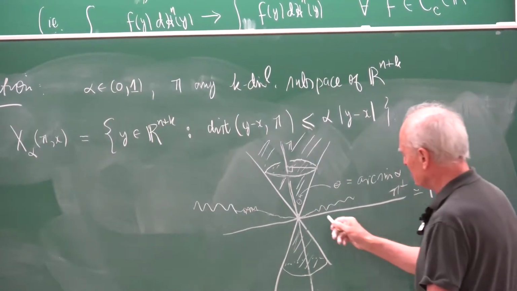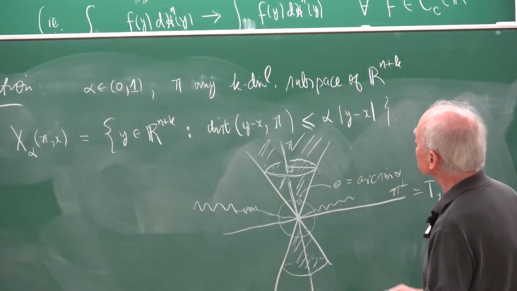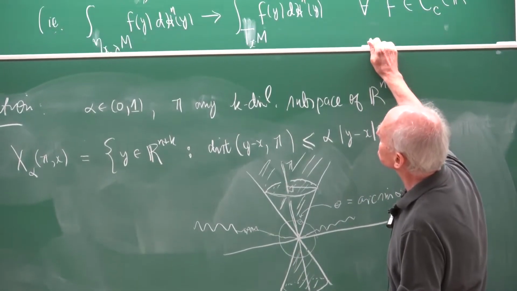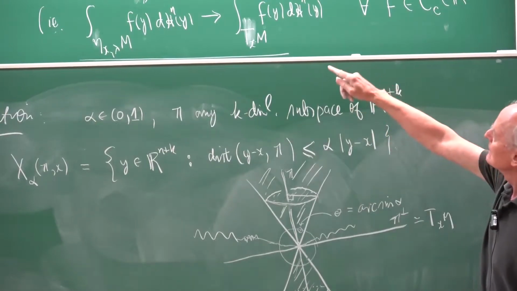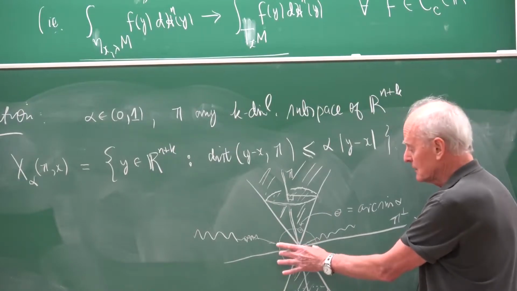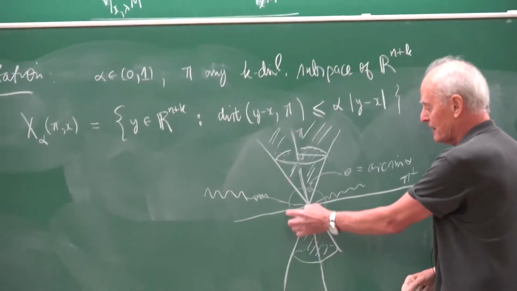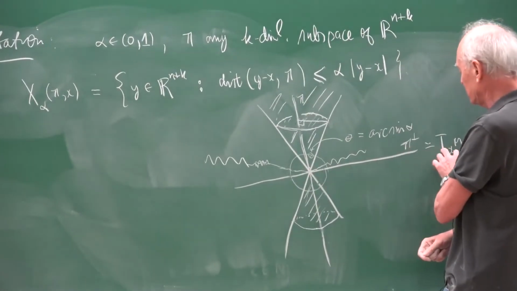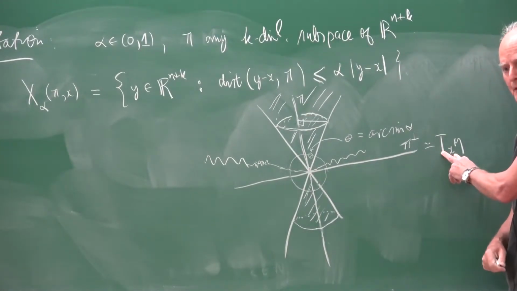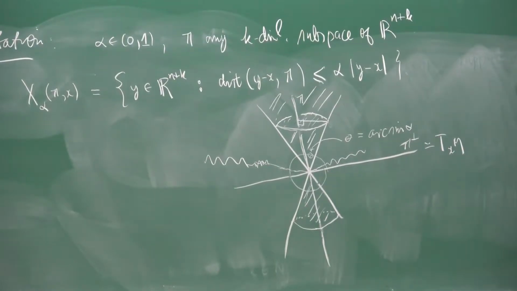And if you're in a sufficiently small radius, the definition suggests that up to a set of small measure, this is almost equal to a disk that you get by taking the n-dimensional ball intersected with the n-dimensional subspace. You get an n-dimensional disk. So it looks like this ought to be true.